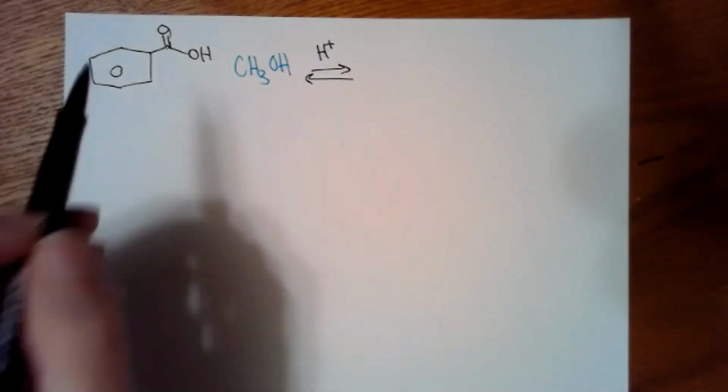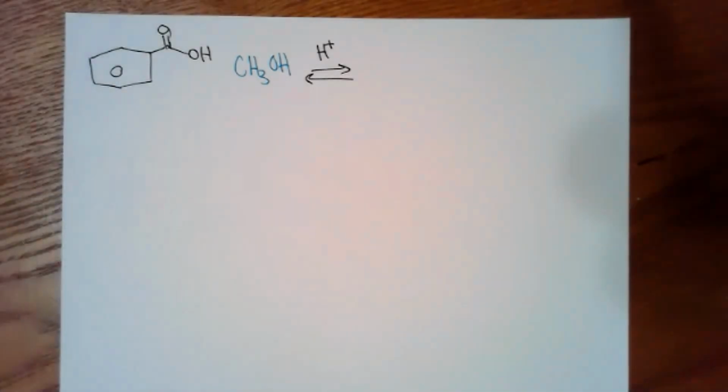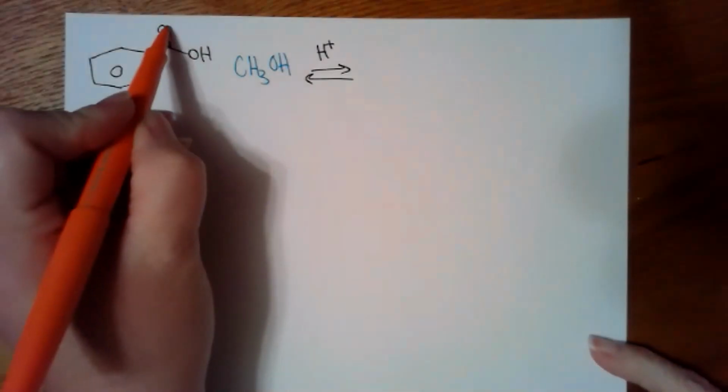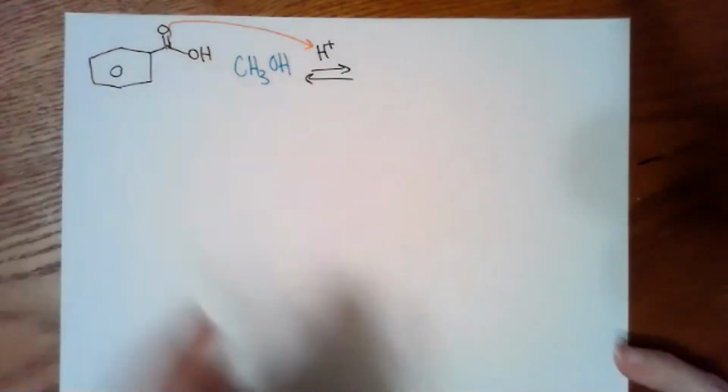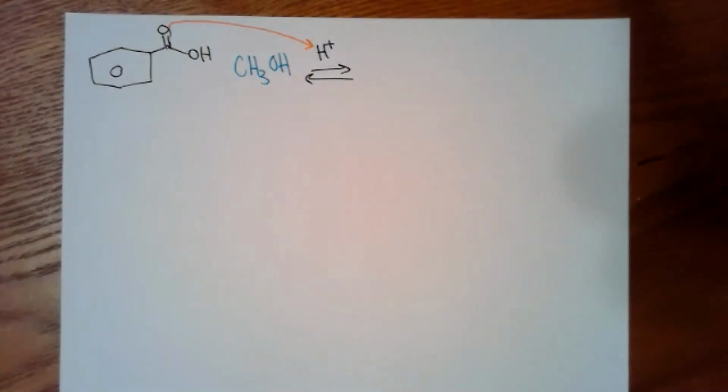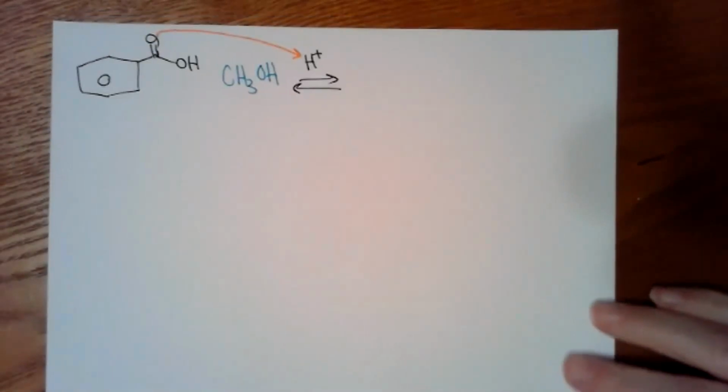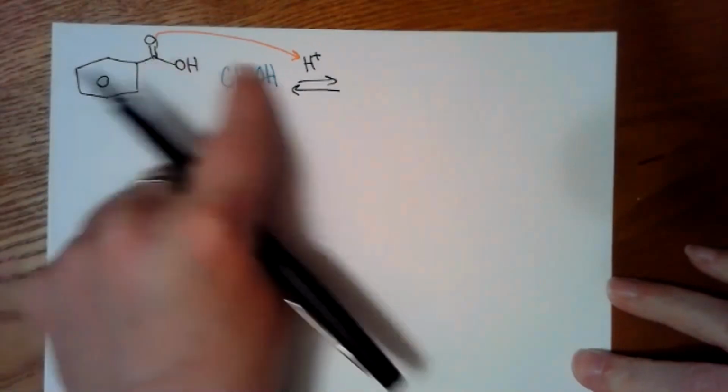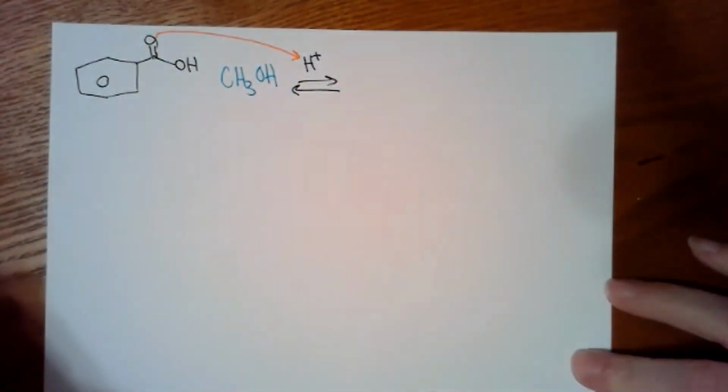Okay, so this whole reaction starts with an acidic solution. And there's debate among the community about whether this reaction happens first or attacking happens first. I like the mechanism slightly better when you protonate that carbonyl oxygen first.